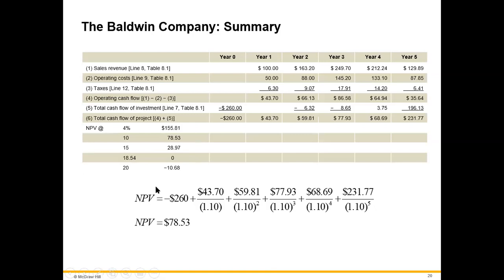Here, up in the corner, they're showing you the different net present values using different rates. So the internal rate of return for this project would be 18.54. That's the point where net present value would be 0. But in this case, at 10%, it's 78,530. It's positive, so it would appear we would accept this project.